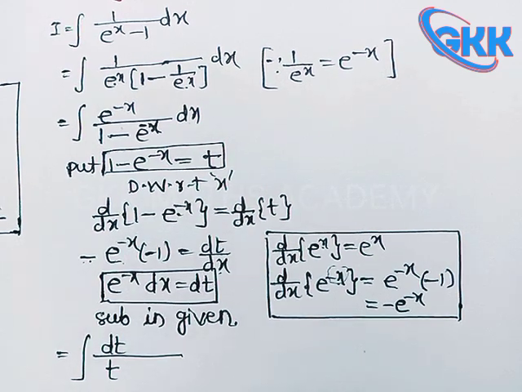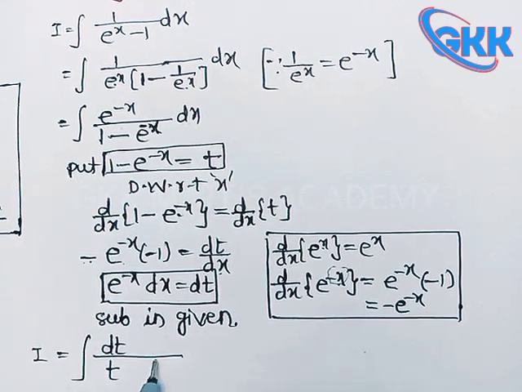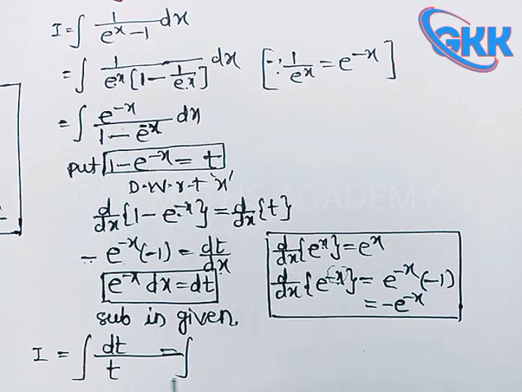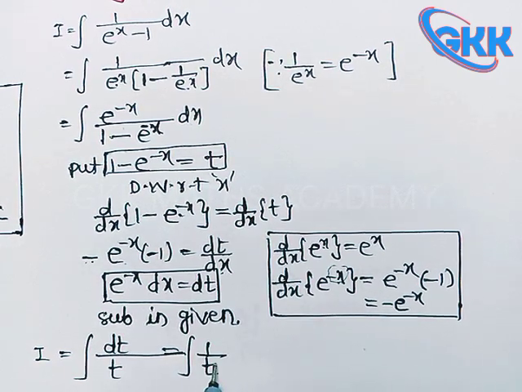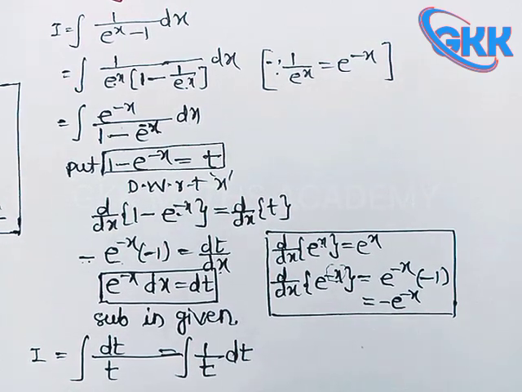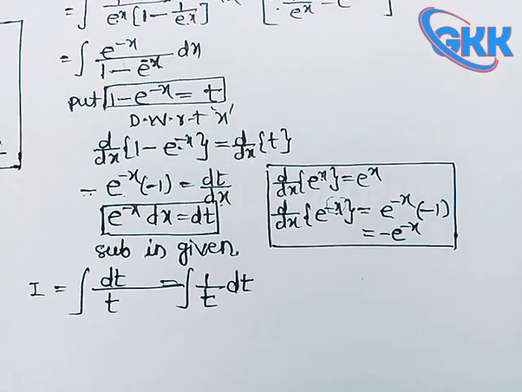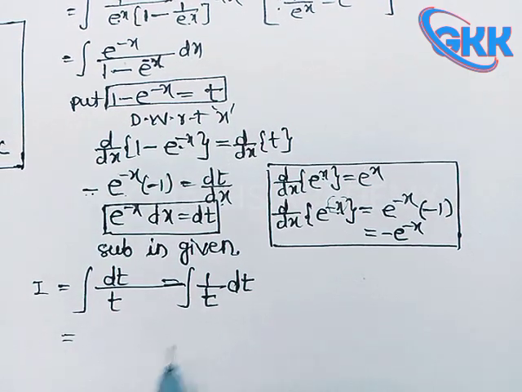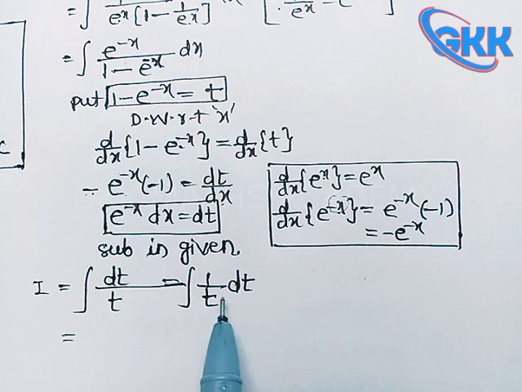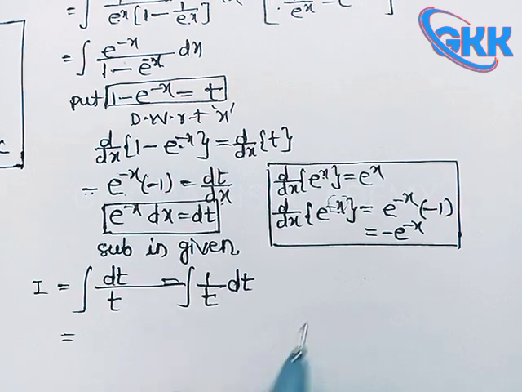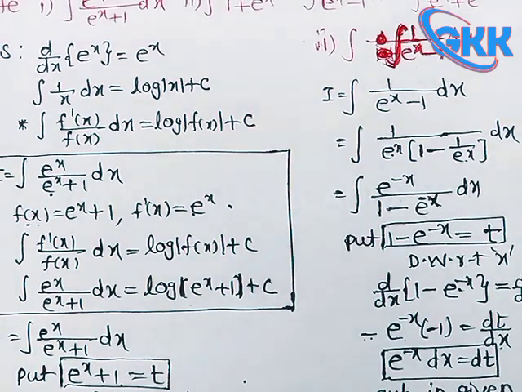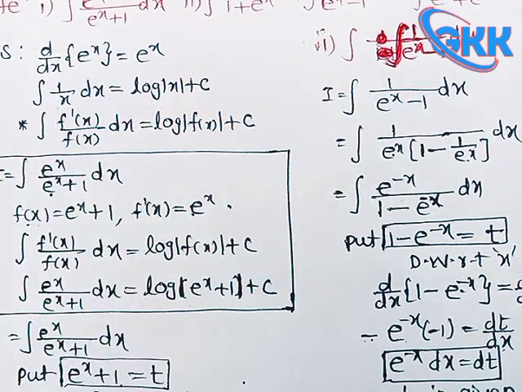Clear? We got this is equals to integral of 1 by t dt. So what is the formula of integral of 1 by x dx? Just now we discussed that: log mod x plus c.